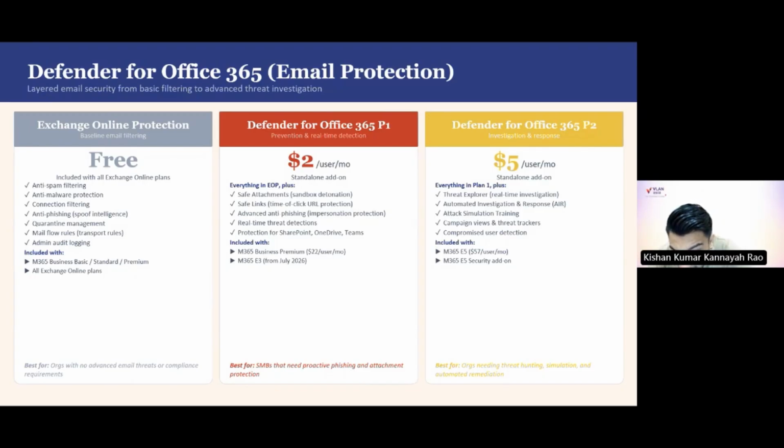So you can work on simulation training, whereby your IT admin can send an email pretending to be someone, right? So we can see whether the user is clicking the link or opening the attachment or not. If they open the attachment, it will show them a message saying, you fell for the phishing attack.